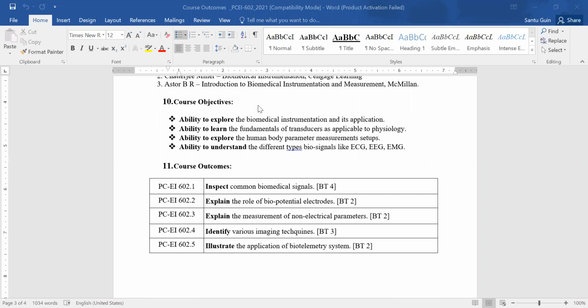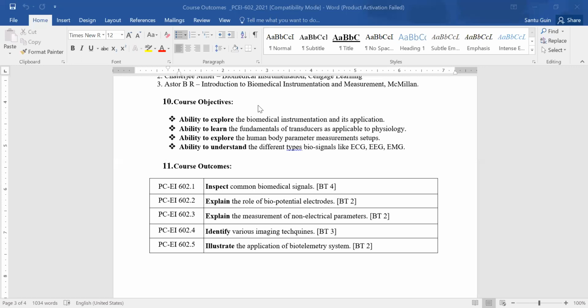After that, there are 5 course outcomes. The first one is to inspect the common biomedical signals. Different signals are there, and you can inspect the common biomedical signals after completing this course.